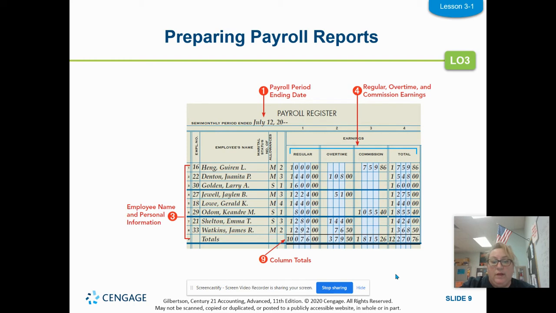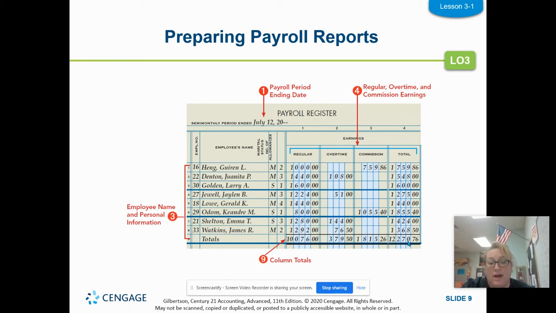The payroll register, remember, has a list of all of our employees, their marital status, and their number of dependents, because we need those in order to calculate their taxes. It gives us our regular, overtime, and commission. It has all of that set out. And remember, we use these totals to record the transactions in the journal.